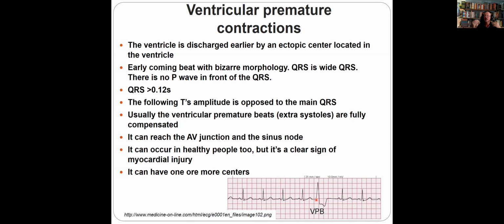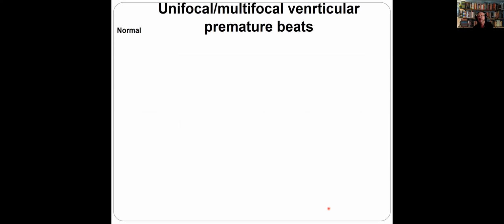So muscle to muscle activation takes place, so the QRS is wider, and very important, the repolarization is exactly the same, but the charges are opposite. So when you do have a positive, very wide R wave and a negative T wave, that could mean a ventricular repolarization or ventricular premature beat. If you have a negativity after a positivity, that again is a ventricular premature beat.